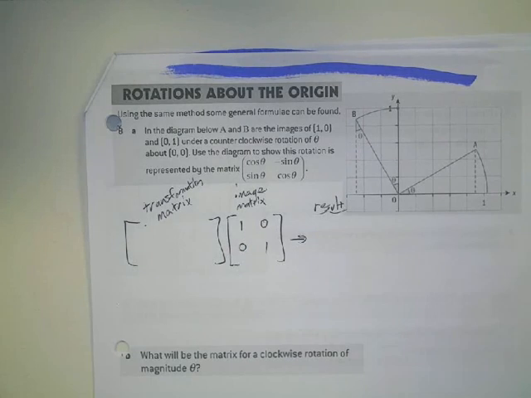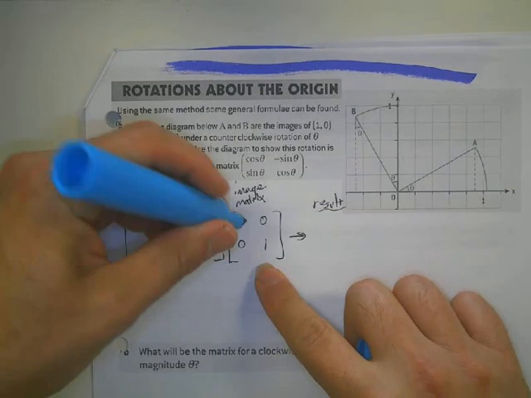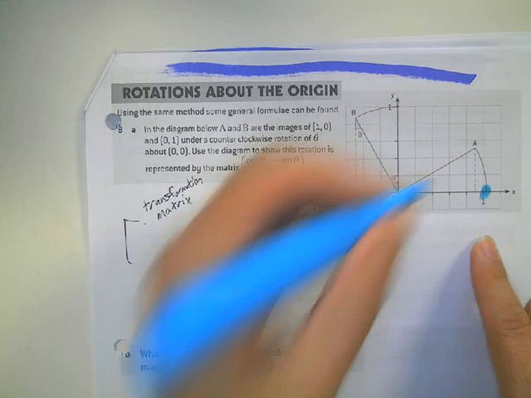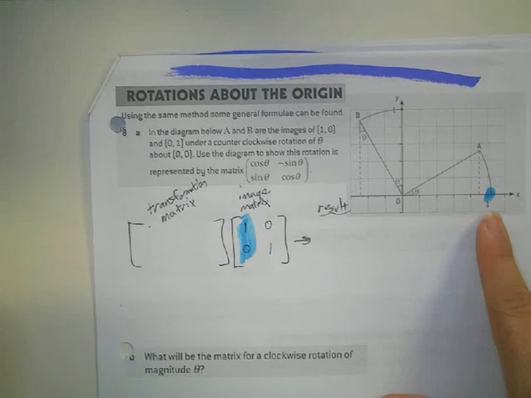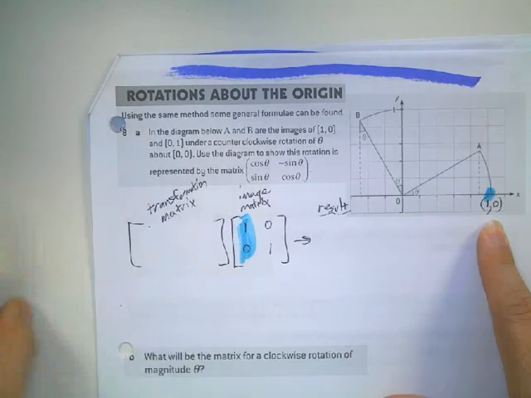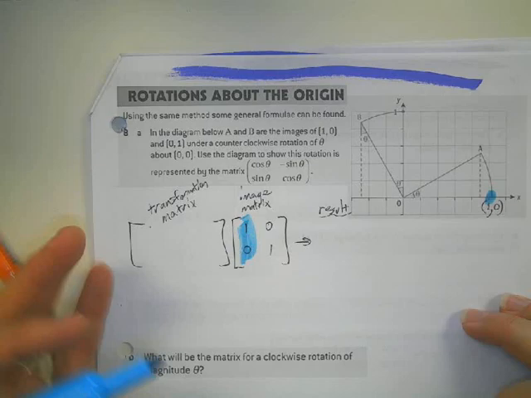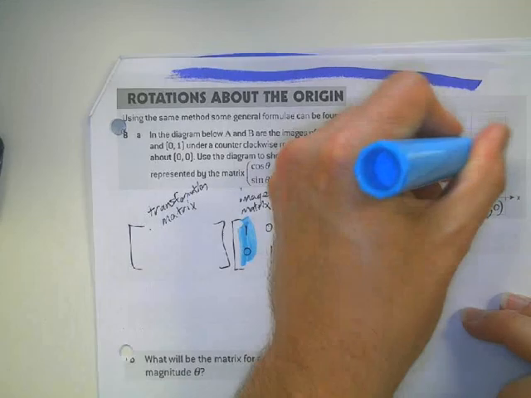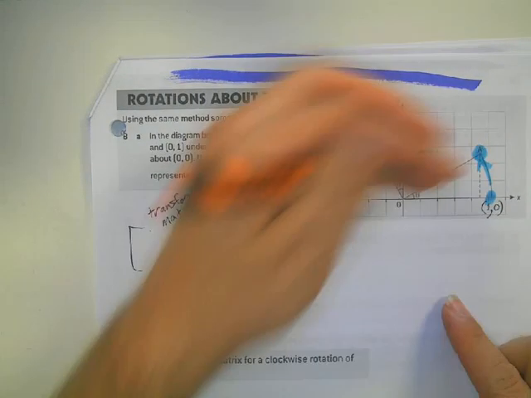So the first thing I'm going to do is the point 1, 0. 1, 0 is right there. We want to rotate that point to this dot right there, so we can call that A prime.